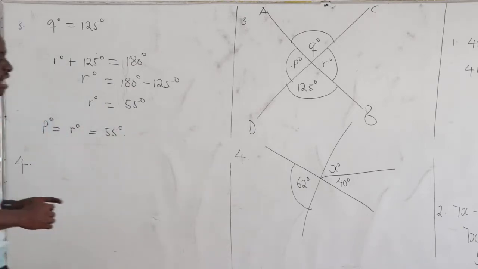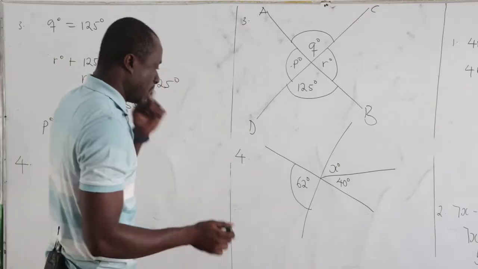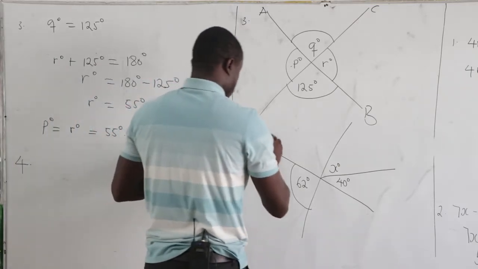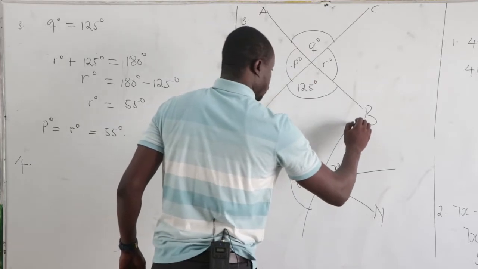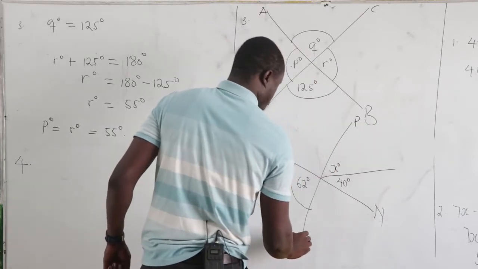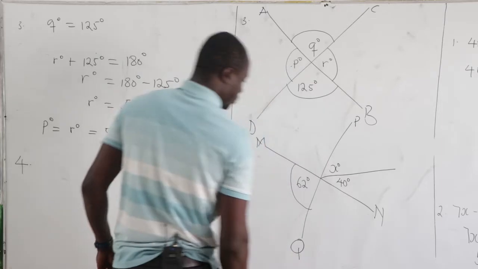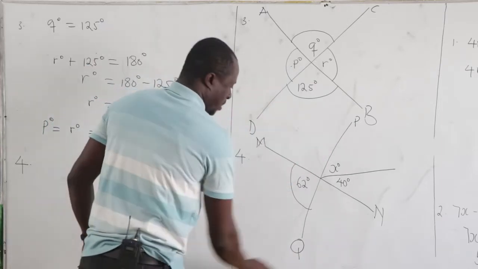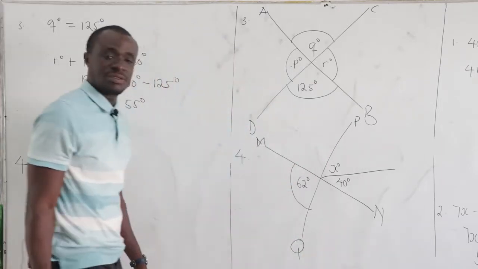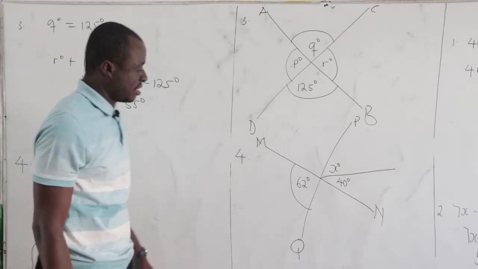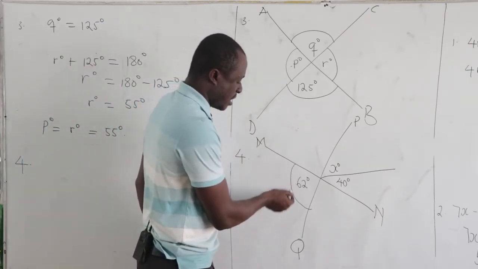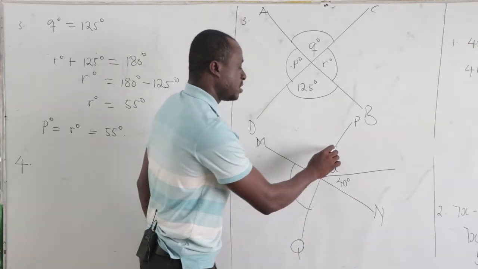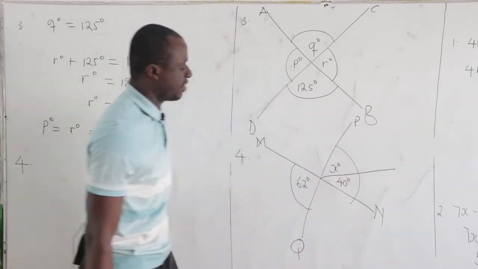Now let's consider our fourth question. Okay, let's name this, if this is M, N, and then this is P, Q. So PQ and MN are straight lines. Hence, because they are straight lines, we can conclude that the angle over here is vertically opposite to the angle over there.